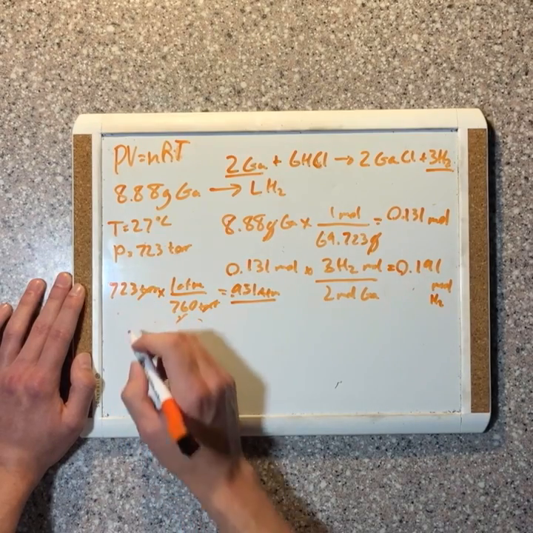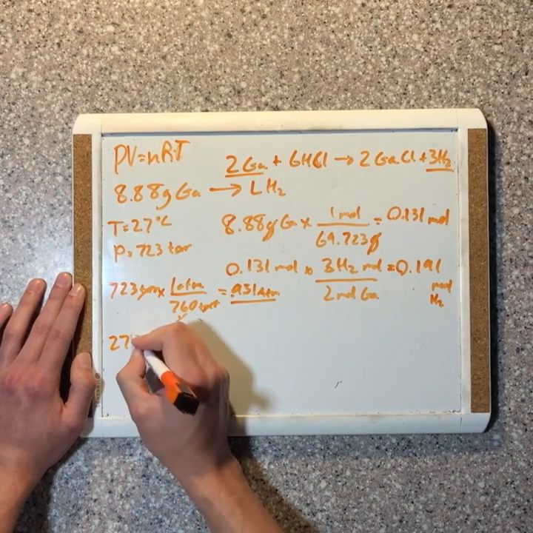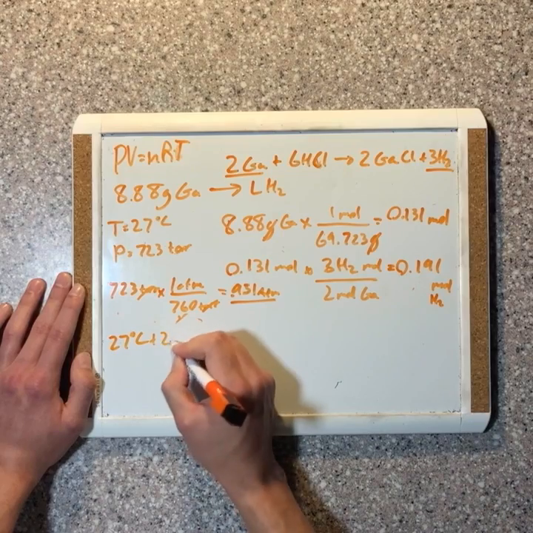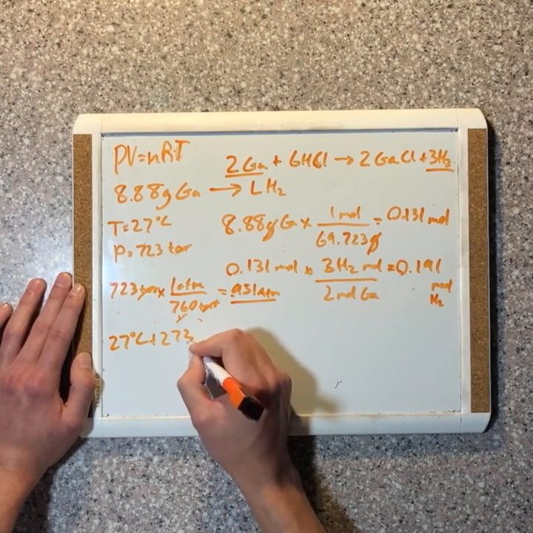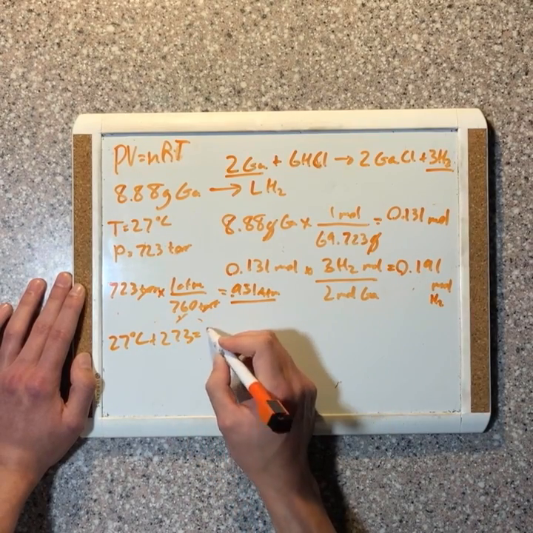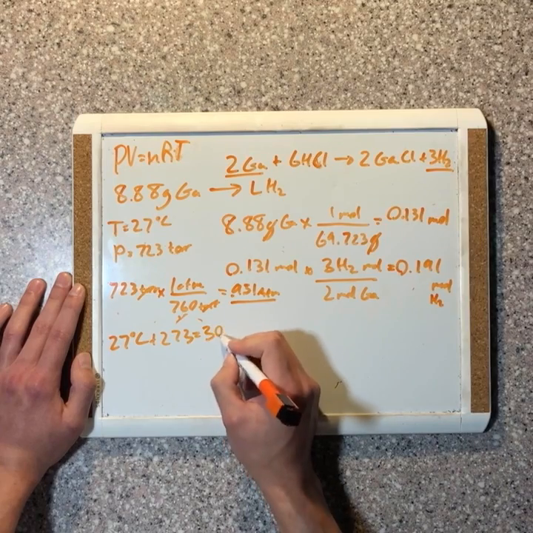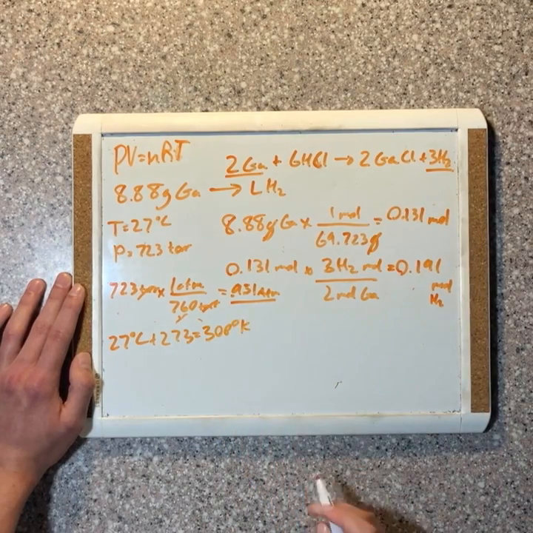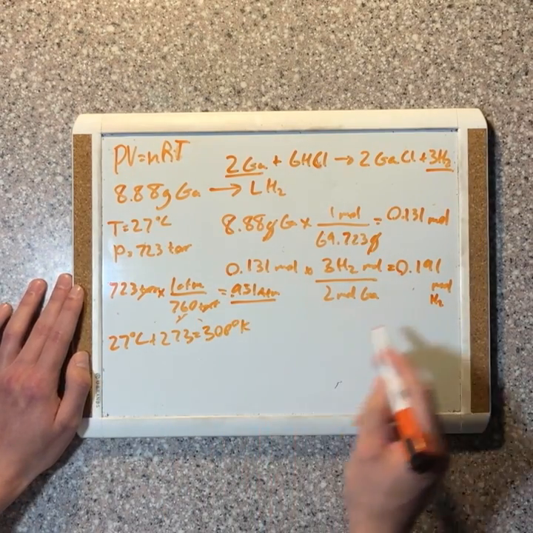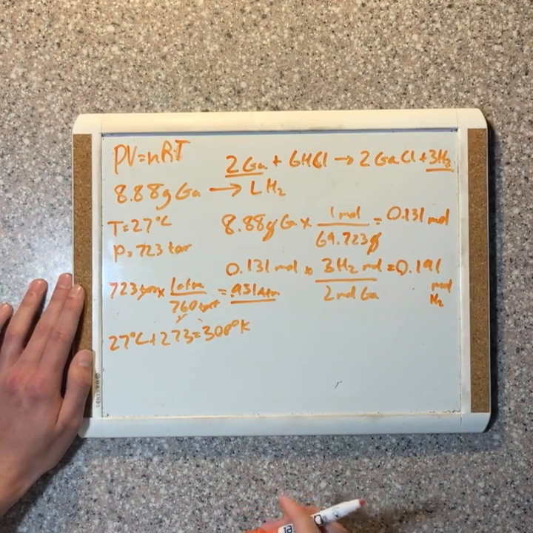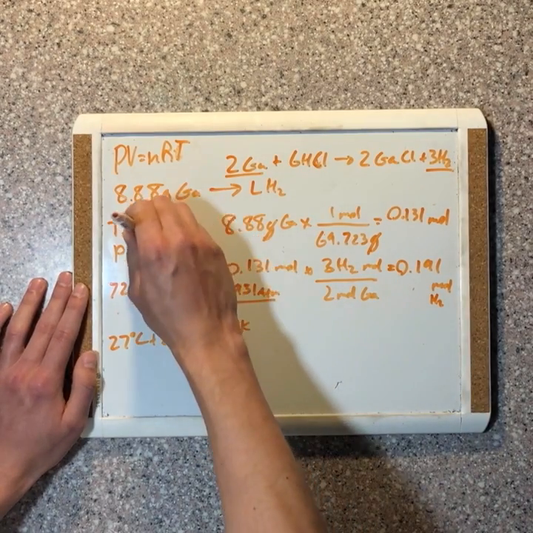Next thing we need to do is temperature in degrees Celsius plus 273 to get Kelvin, and that is going to be 300 degrees Kelvin. Now, we're going to plug all of this into our ideal gas law.